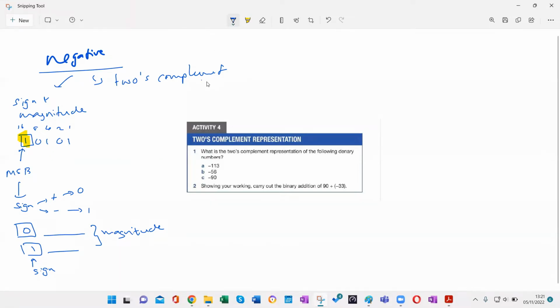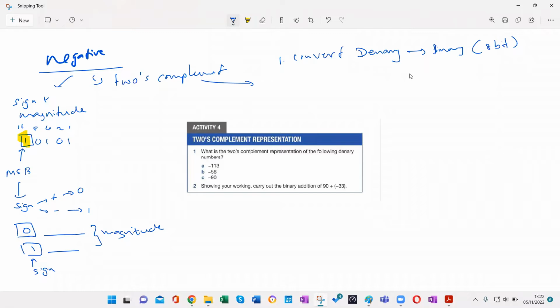In 2's complement, there are a few steps. The first step is to convert the denary number to binary. And in binary, we have to represent it using 8-bit binary. So if you don't have enough bits, you will have to fill zeros to make it 8.